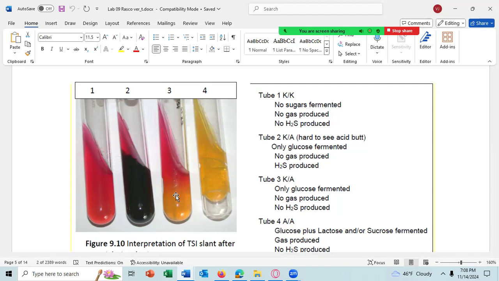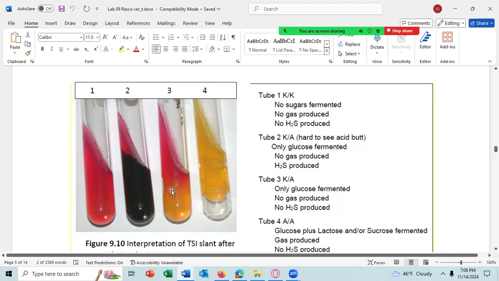And not all of the sugar is being used up. And that's why it's yellow on the base, but pink here. Glucose is only fermented when it's yellow in the base, but the slant is pink or red. Any question about tube 3? It's also not black, so there's no hydrogen sulfide being produced.